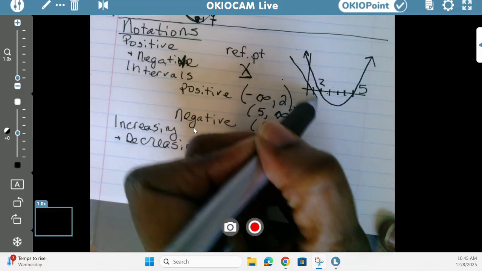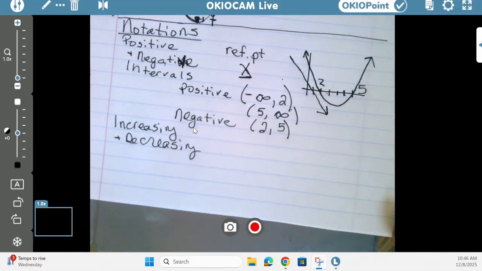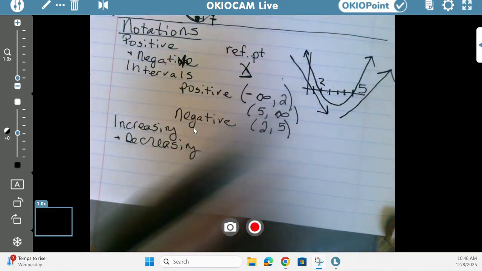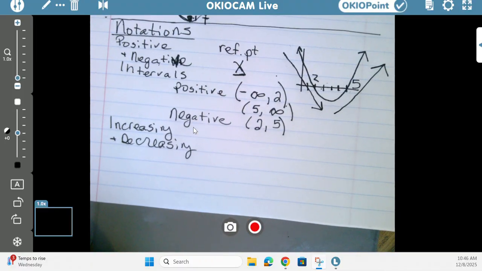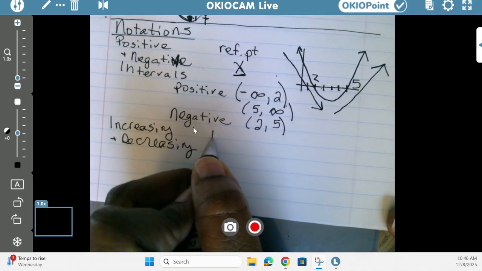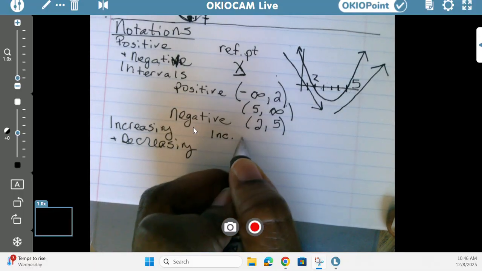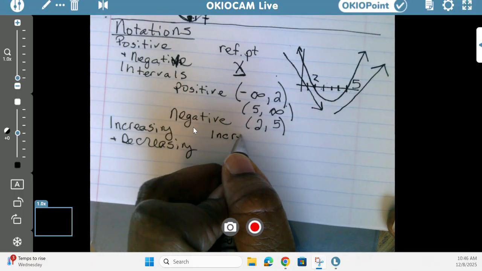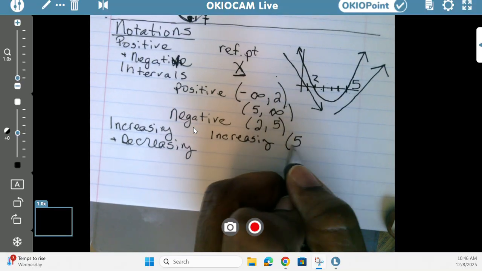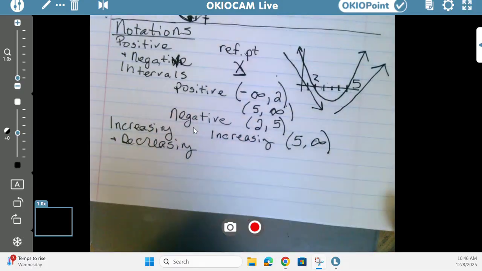Little birdie dove into the water, and then little birdie came out of the water. At what point is he increasing? 5 to what? 5 to infinity. From 5 to positive infinity, he is increasing.